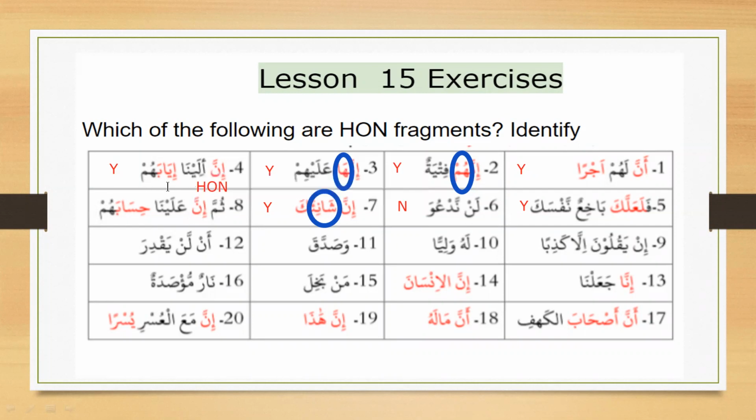Alayna is a harf jar, and na is ism majroor. Na is ism majroor. Hisaba is ismu inna. Oh, this is very close.